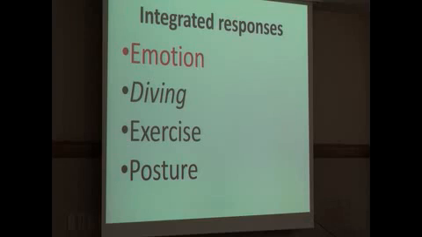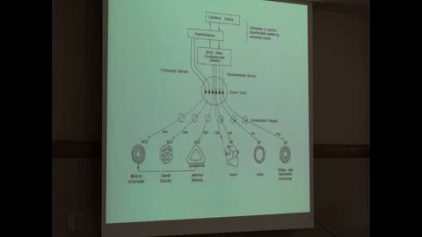Emotion is an incredible thing because it involves the cerebral cortex, and then it goes to all the things, and emotion can invoke vascular reactions in almost all the organs and systems.